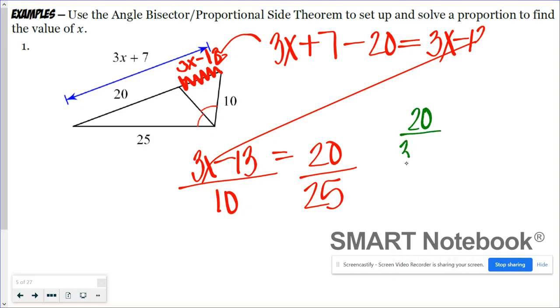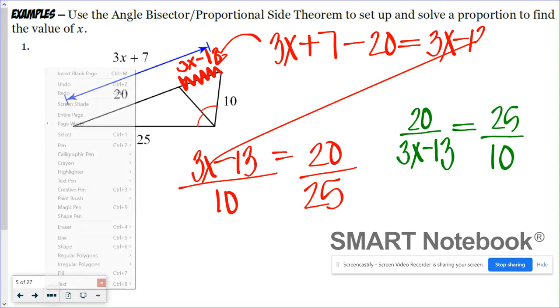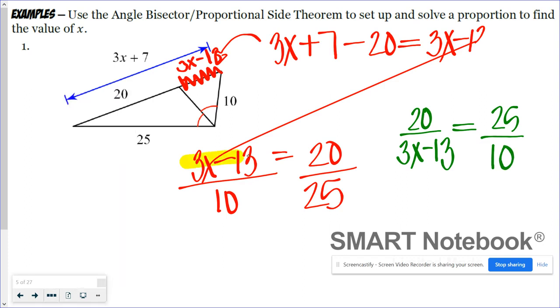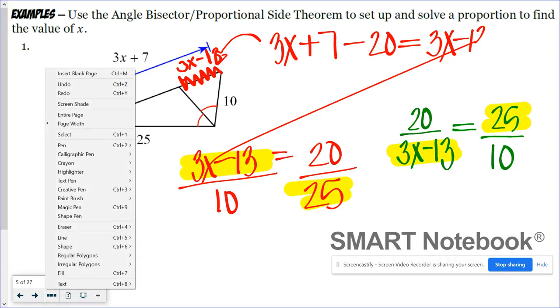So 20 over 3x minus 13 is equal to the side ratio, 25 over 10. So either one of these proportions would work. Notice the cross products are the same, and that's like why they work.